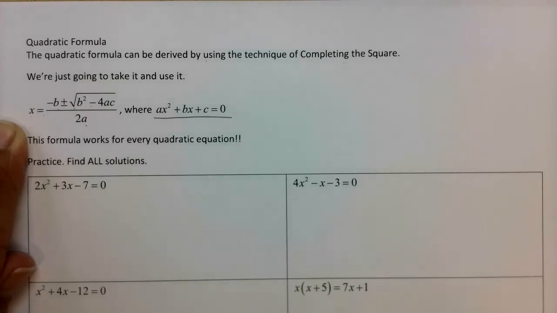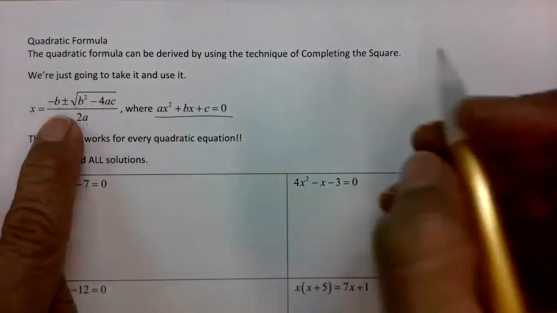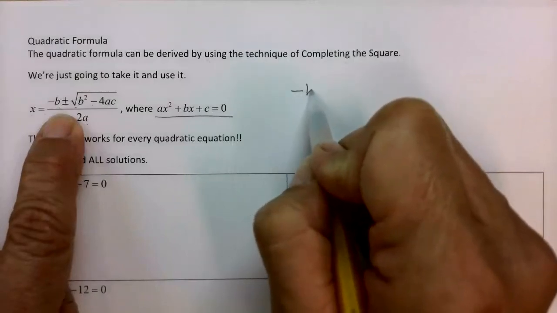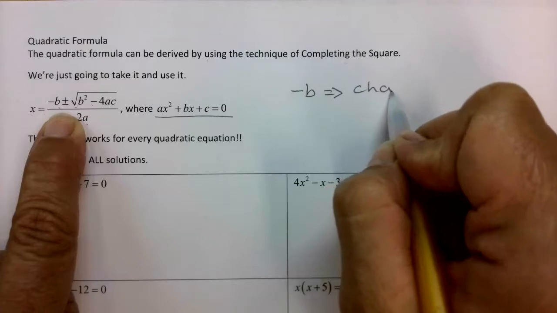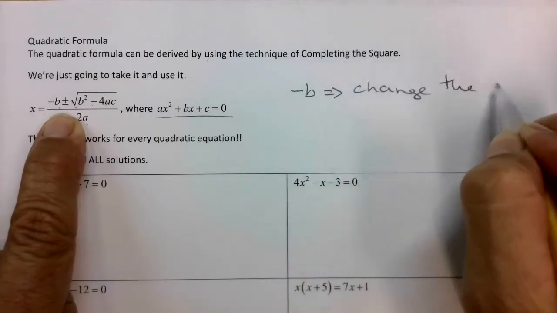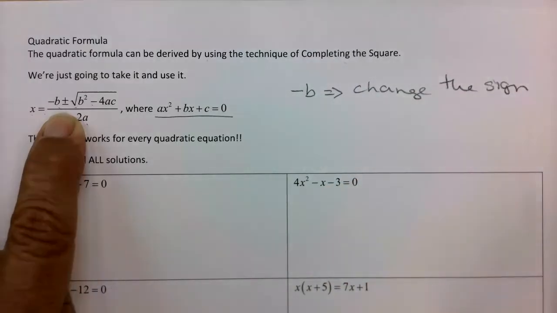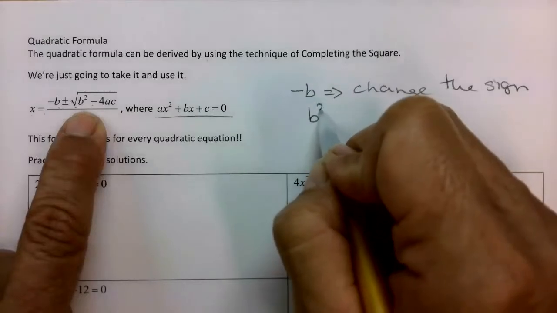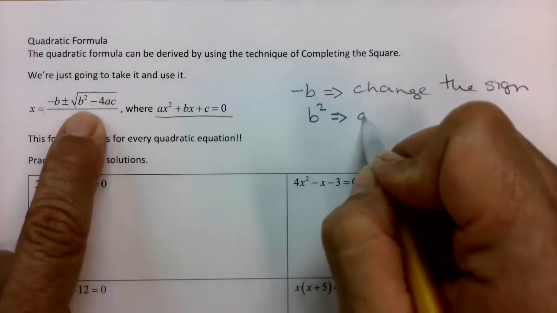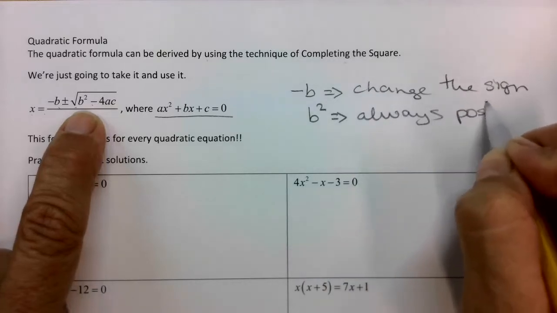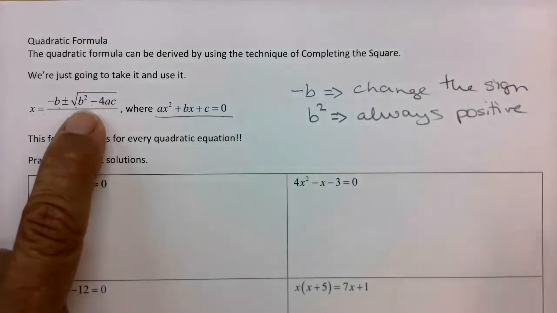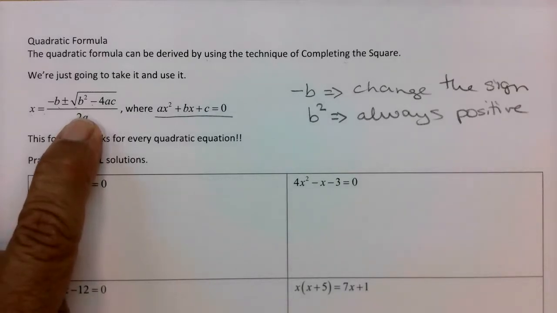Okay? So some things that I want to point out. First off, that first term, that negative b, this means we're going to change the sign of b. Underneath the radical, that b squared is always positive, because we're squaring it. So even if b is a negative number, if you square it correctly at least, you should get a positive number out.